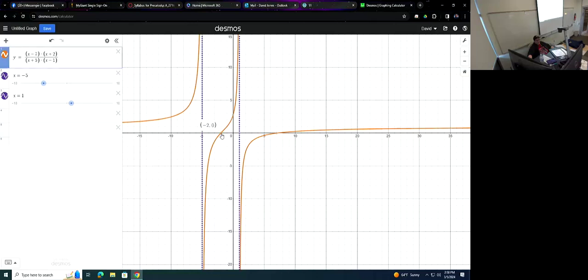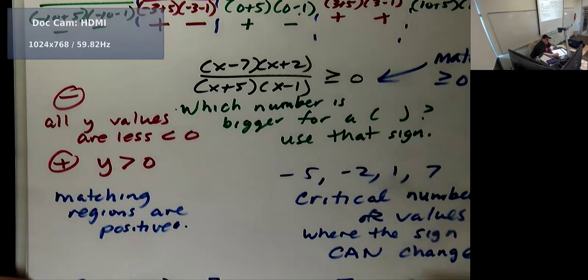Then we said from -2 up to 1, it was positive. And then from 7 onward, it was positive. So what we did matches what the graph does.